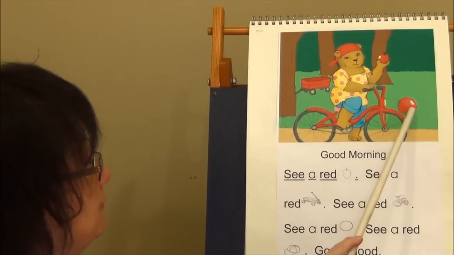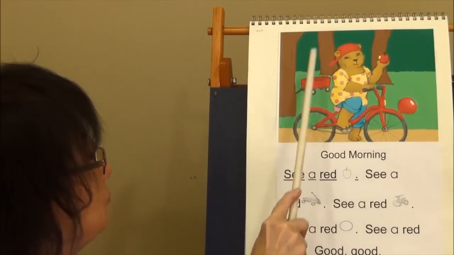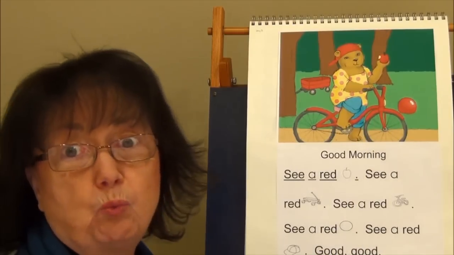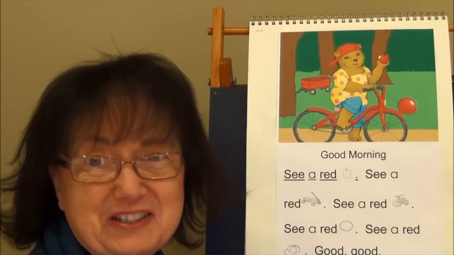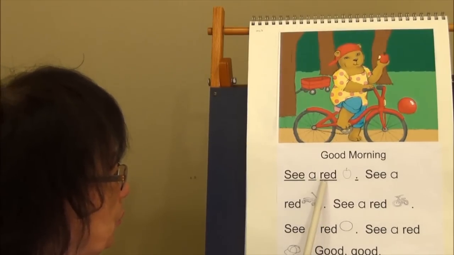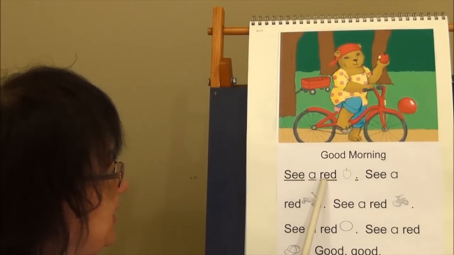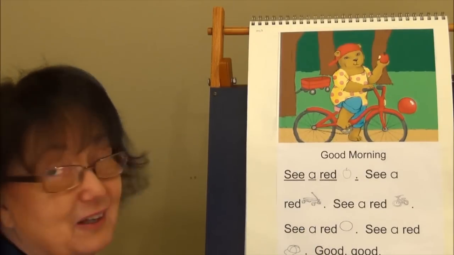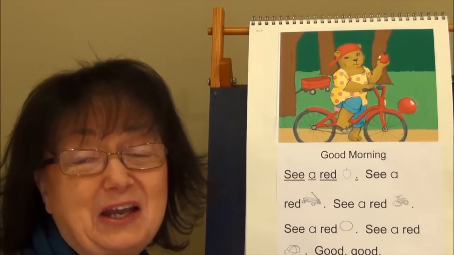Good. Red ball, red apple, red hat, red wagon, red bicycle. And that's because one of the new words that we're going to learn today is going to be red. Red. R-E-D. Red. Good.